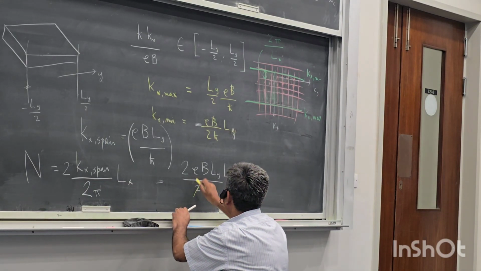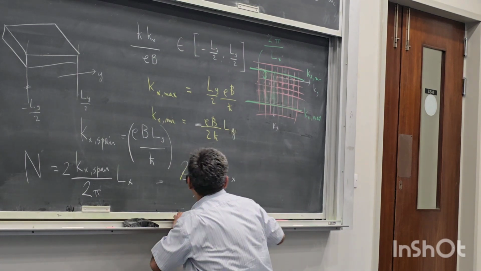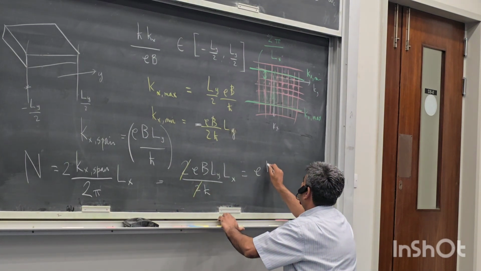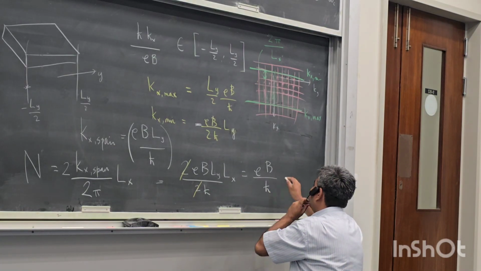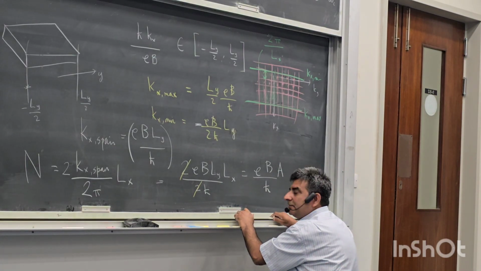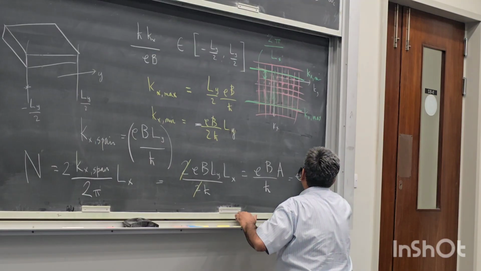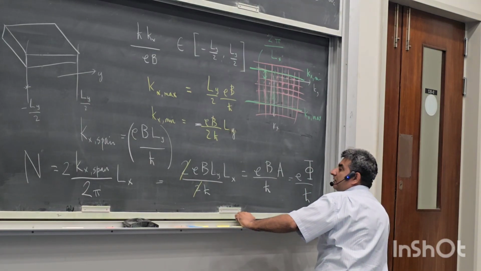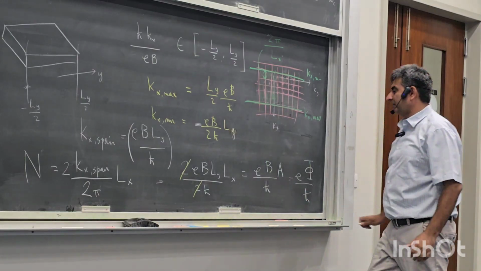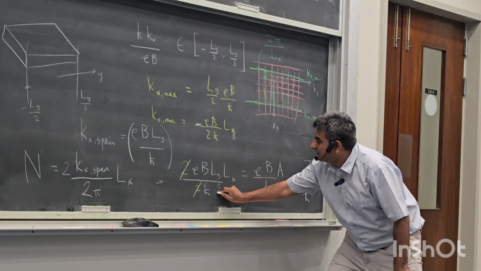So I can cancel out this 2 and I'm left with Eb over h bar. Lx Ly is the two-dimensional area of this object. This is E phi over h bar. This is a 2 pi as well.